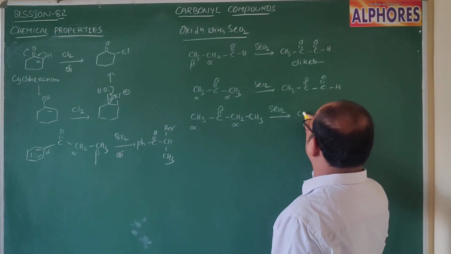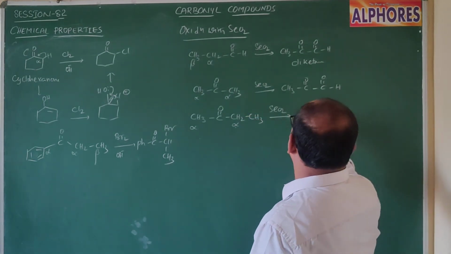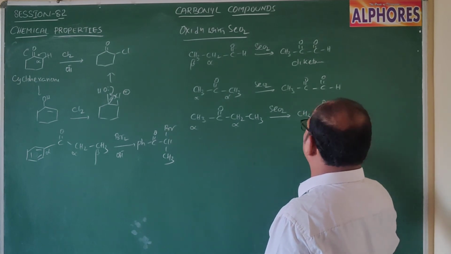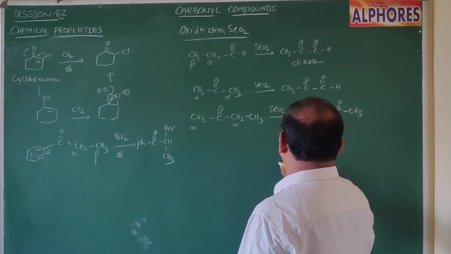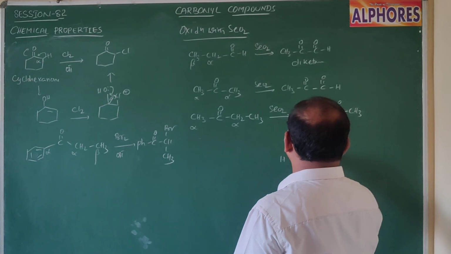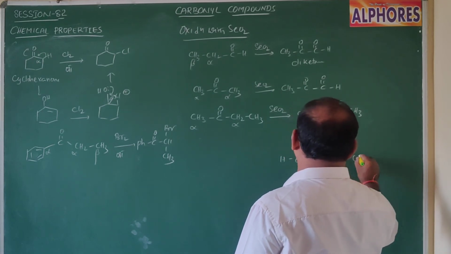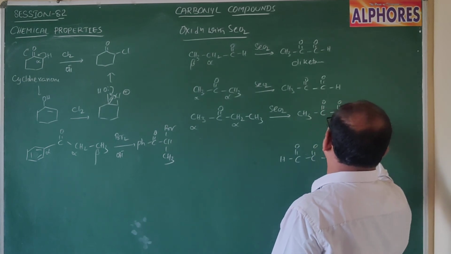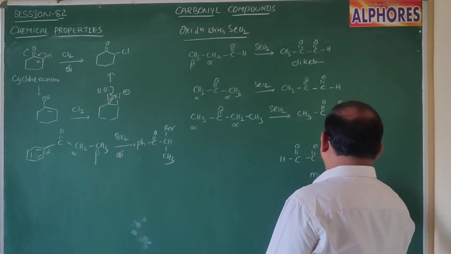Then there are two possibilities here. If only the alpha methylene group gets oxidized, we get C double bond O, C double bond O, CH3. And one more product here, if the alpha methyl group gets oxidized, HC double bond O, C double bond O, CH2, CH3. So here, this product is the major product and this product will be the minor product.